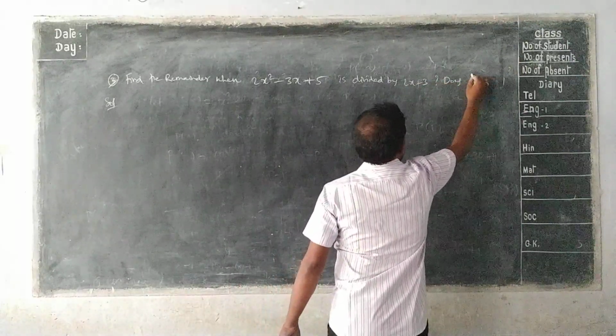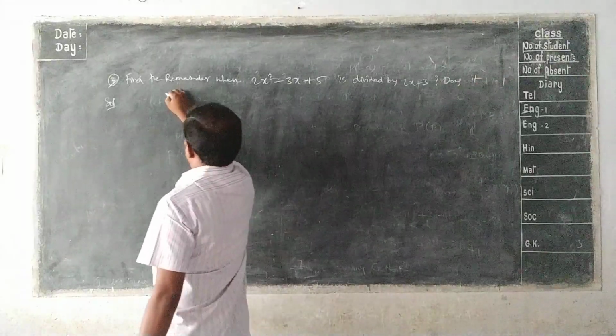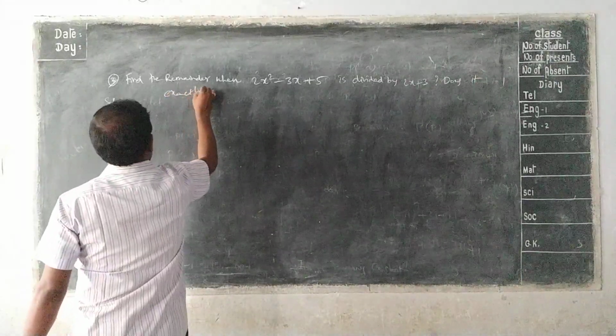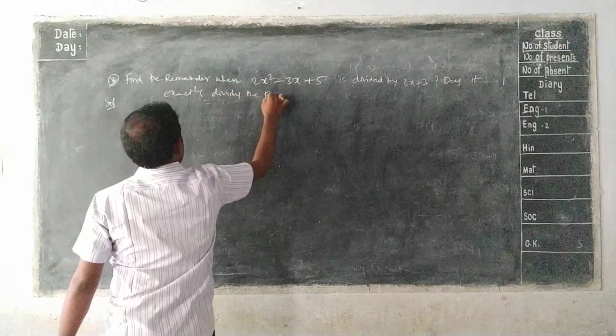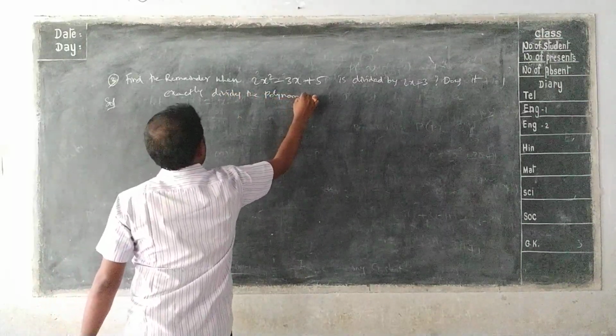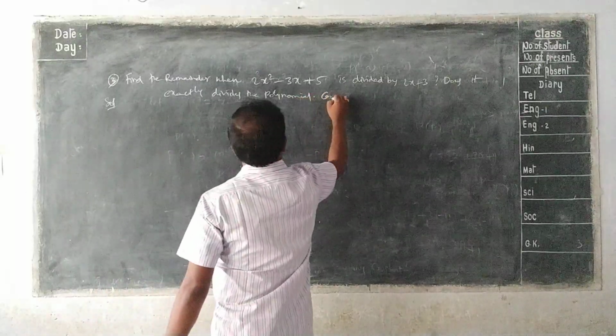Does it exactly divide the polynomial given here?